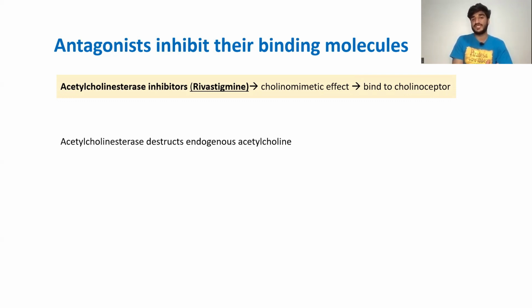Means we are actually using inhibitors of the enzyme that is decreasing the endogenous acetylcholine. That's why when we inhibit this enzyme, the acetylcholine concentration is increased. This is the most common example in pharmacology. While we take the example of the antagonist inhibiting.